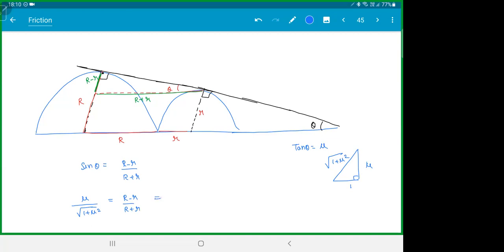You can do that componendo-dividendo thing, and you end up with R by small r equal to (mu plus root over 1 plus mu square) by (mu minus root over 1 plus mu square)... something of this sort. Check. That will be the final answer.